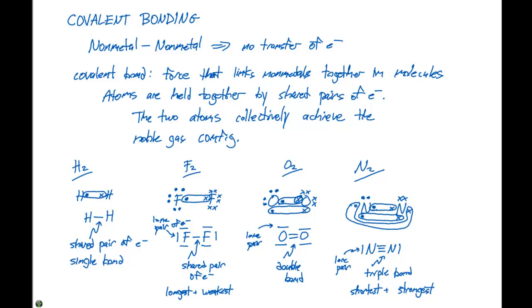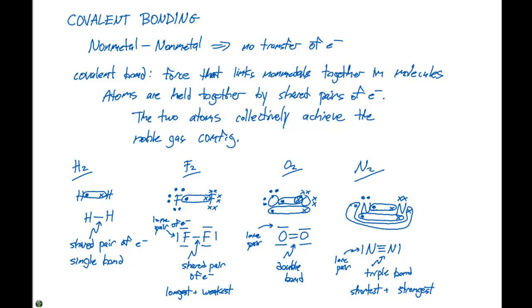And this is why they will exist as diatomic molecules rather than exist as hydrogen, fluorine, oxygen, or nitrogen atoms individually. So in order to form an octet, all the atoms are going to do anything they can. If that means forming single bonds, they'll do it.